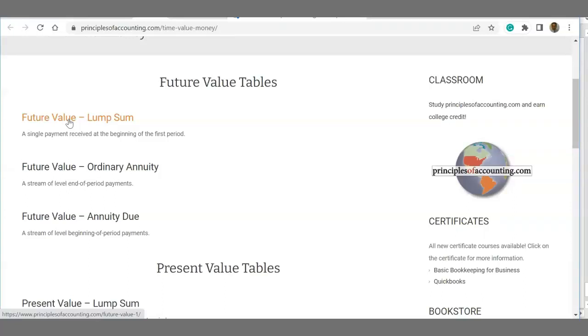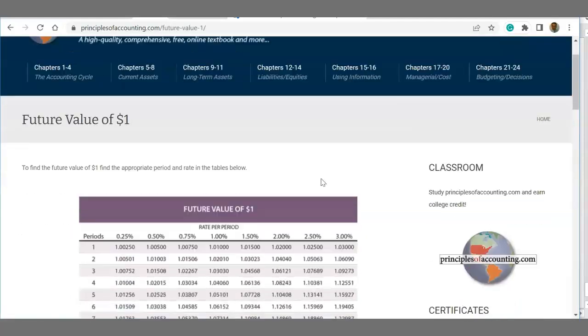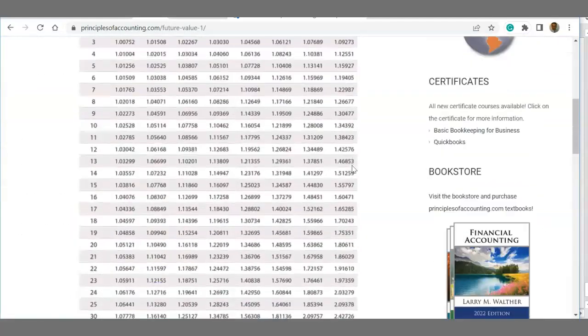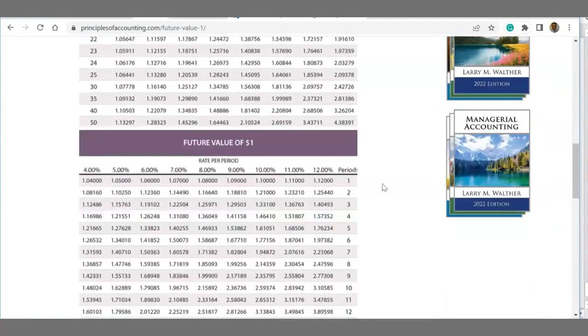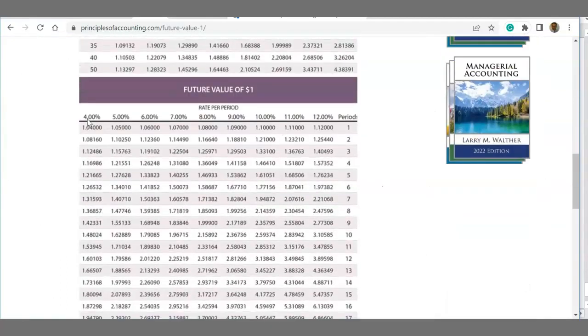That's just one time 5,000. So go to future value lump sum. Okay, and the interest I was 4, N was 10, so N is 10, I is 4.